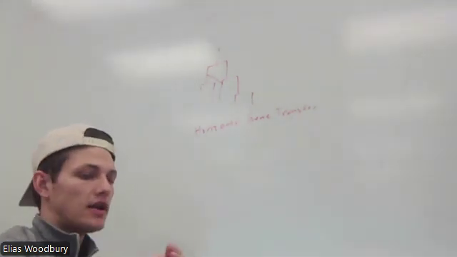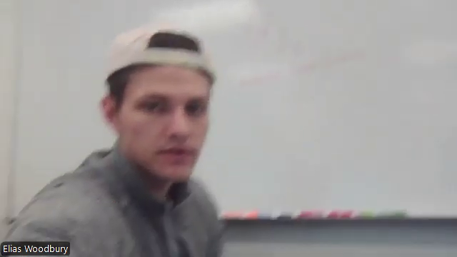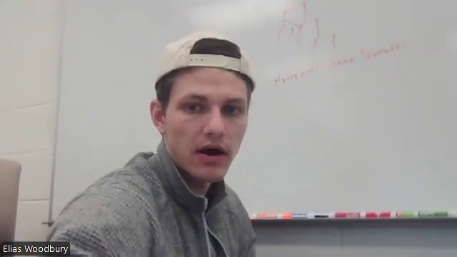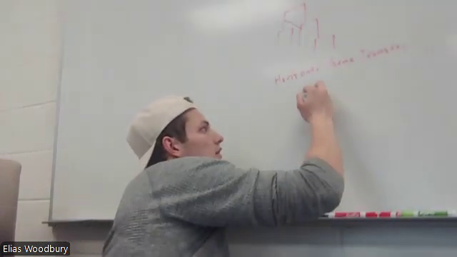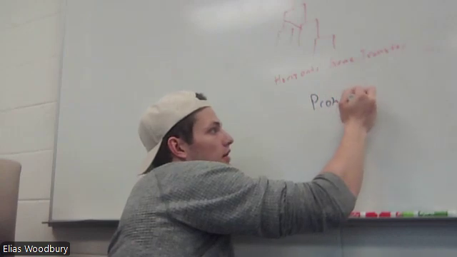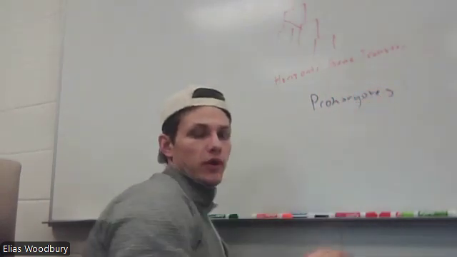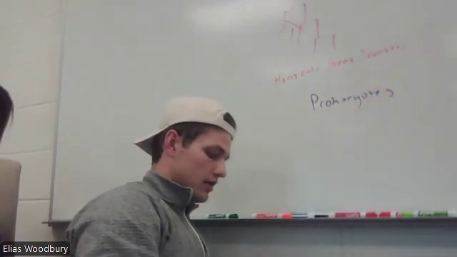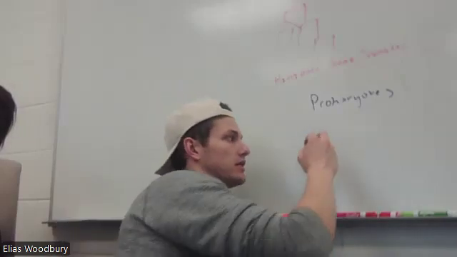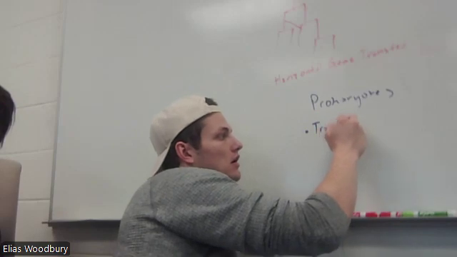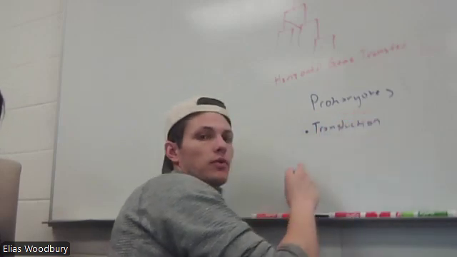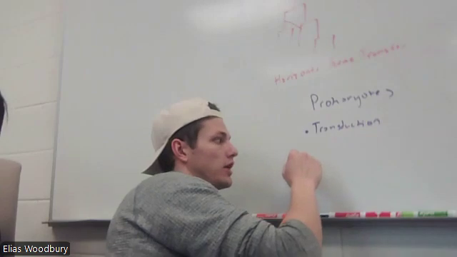And this will happen a lot of times in prokaryotes. So we'll talk specifically about prokaryotes first. In prokaryotes, you already learned about this with bacteria specifically. And so they do this in three different ways. They do it through transduction. And you don't need to know it as in depth for 181 as you do for 180.